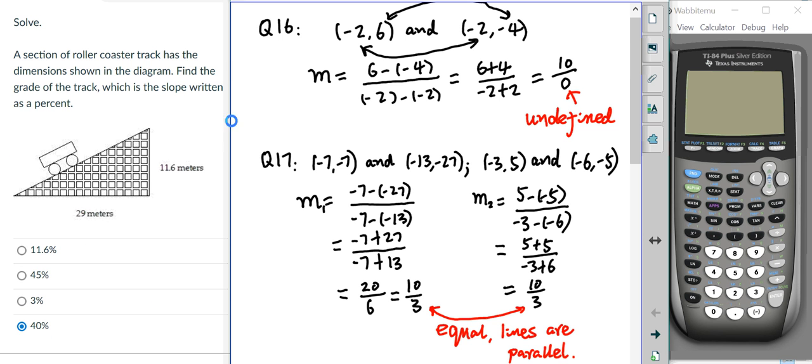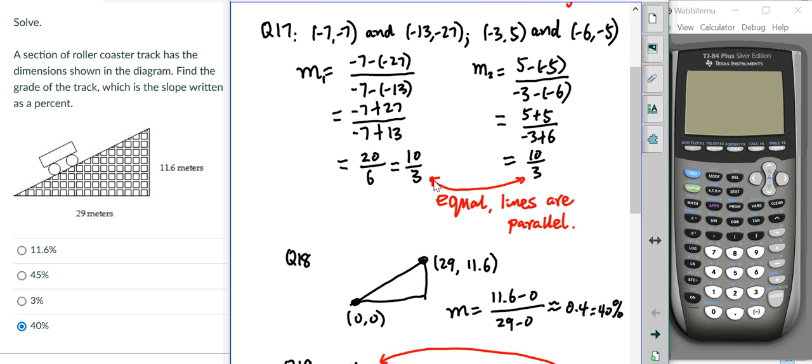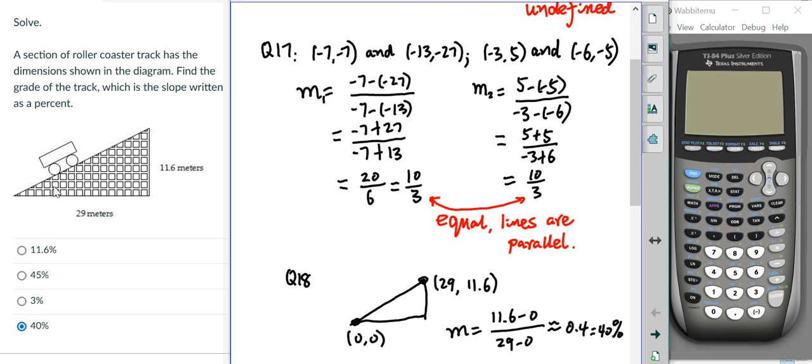Now, the third one. Since we have learned the slope, what's the meaning? Really, what can we do with the slope? This is the application. A section of roller coaster track has the dimensions shown in the diagram. That's the roller coaster here, sliding down to the bottom.